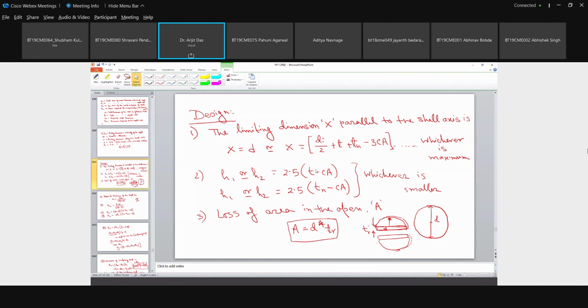And for H1 and H2 also, it is given like this, and whichever value is small, we will consider.